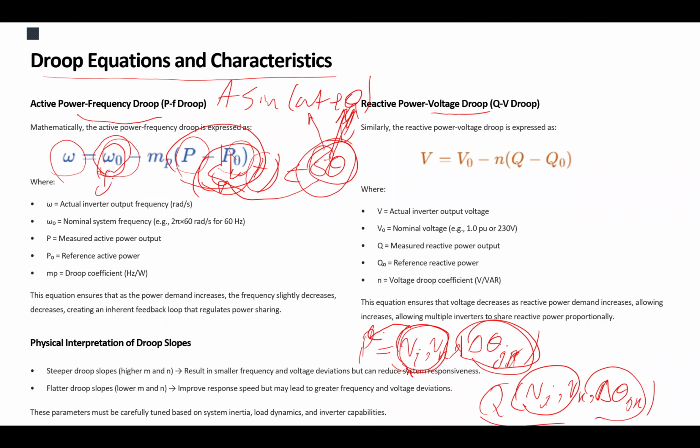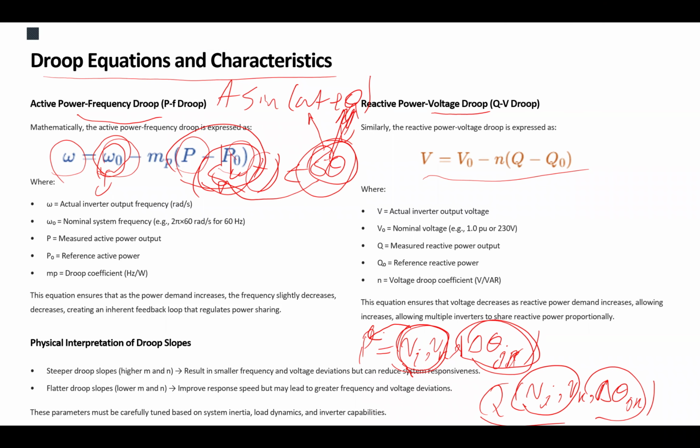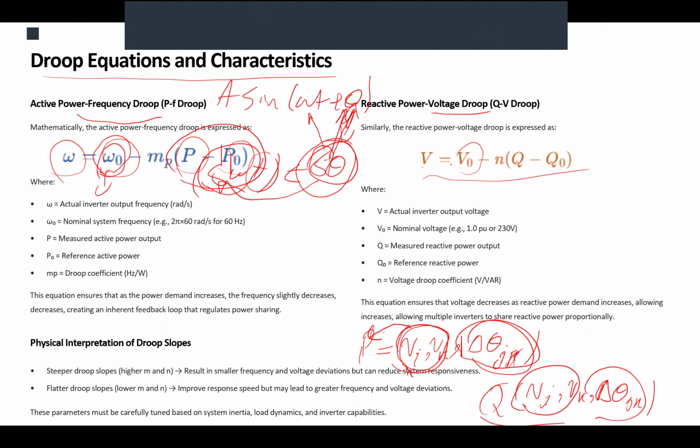Is that clear? Same goes for the voltage control. It works with the Q again. We have a set point for our values based on the standards and regulations. Now, if there is a deviation in the grid, we are going to pick up that problem and address it and make the voltage equal to V0.